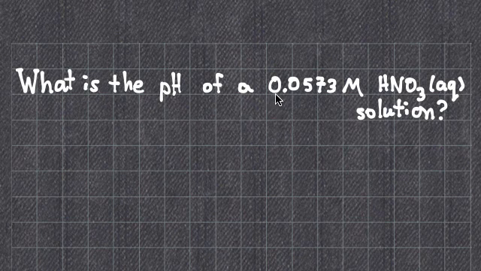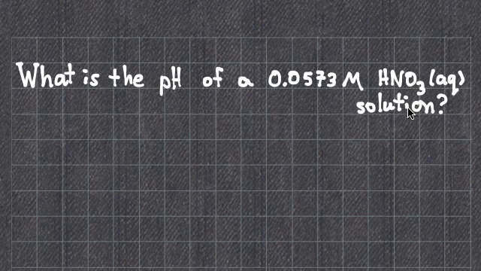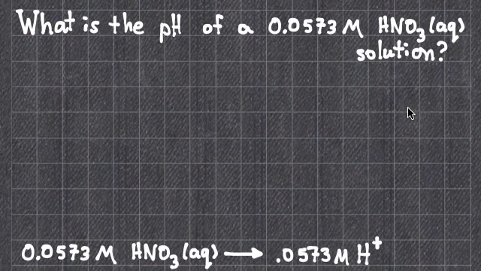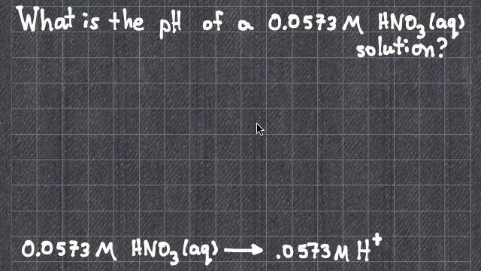Anyways, what if I had a 0.0573 molar nitric acid solution? Well, of course, nitric acid is a strong acid. So here's the first thing I noticed: being a strong acid, that creates also 0.0573 moles per liter of hydrogen ion, because 1 unit of nitric acid provides 1 hydrogen ion.